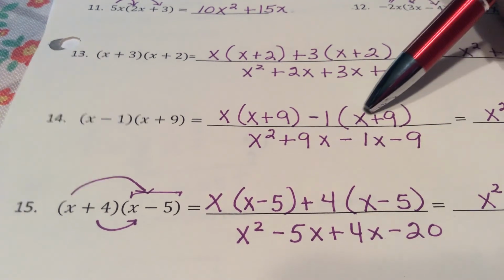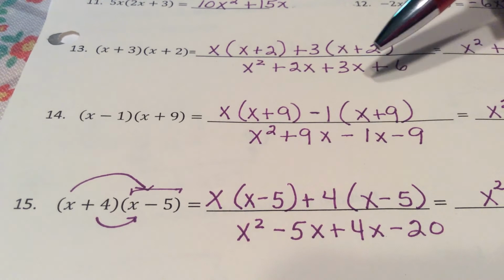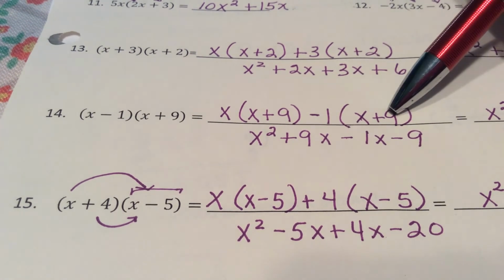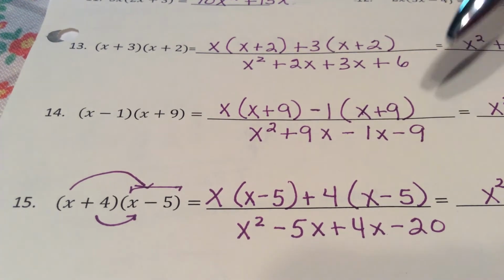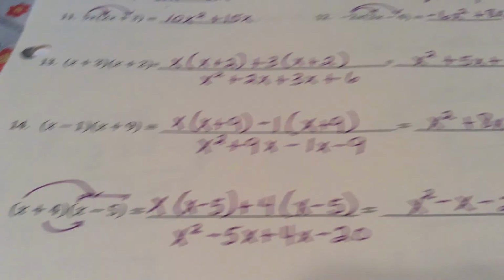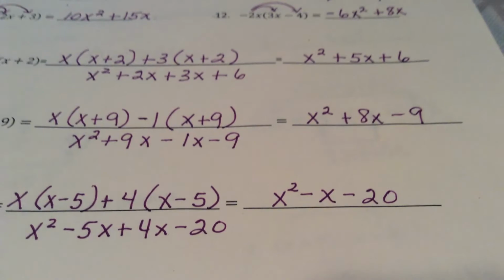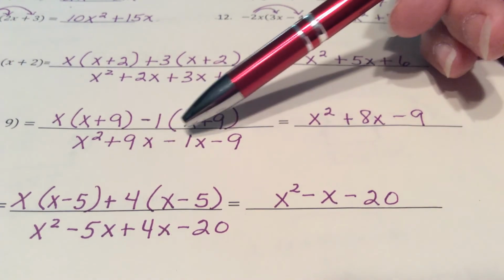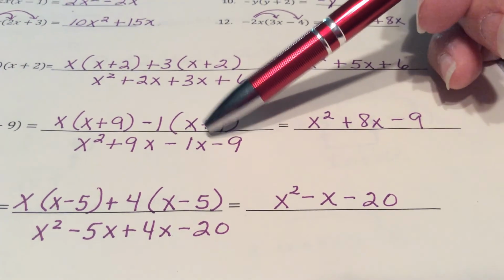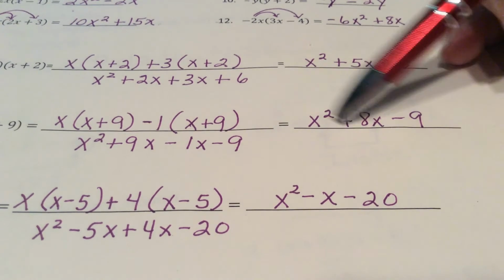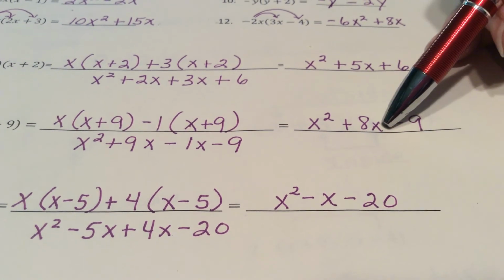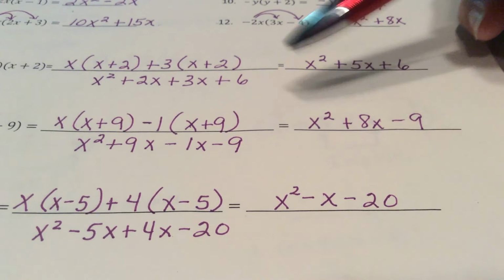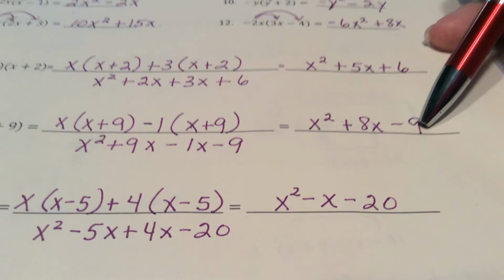Negative 1 times x is negative 1x. Negative 1 times positive 9 is negative 9. X squared stands by itself, so we have x squared. We take that 9x minus that 1x. They are like terms, so we can do the arithmetic. And we get plus 8x. And we have minus 9 as our last term.